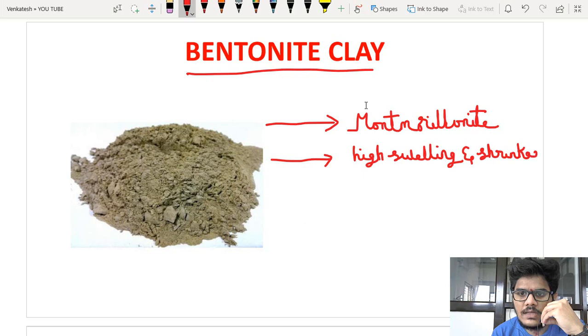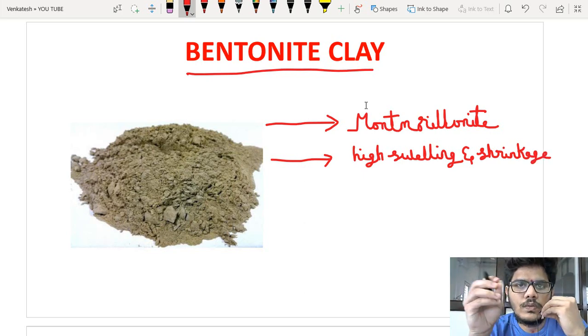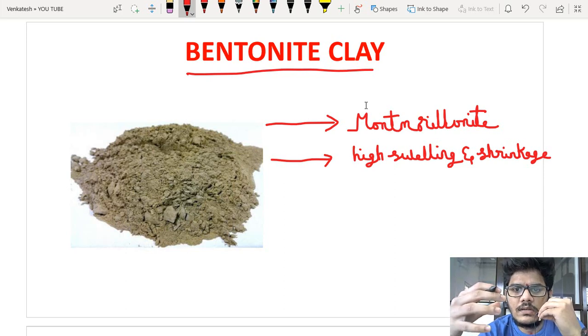So why it is having high swelling and shrinkage properties? Which structure is responsible for this, and what is the mechanism behind this, that we will be discussing in clay mineralogy topic.